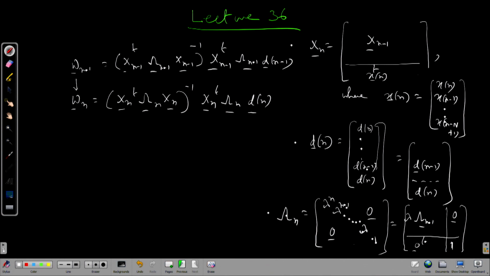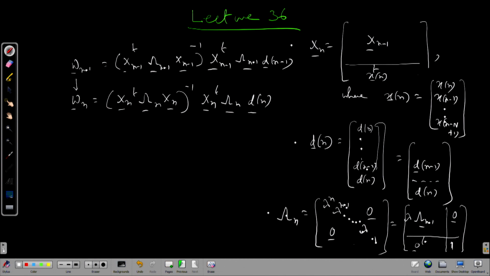Using this additional information, W n is to be calculated, but not by this formula, but directly from W n minus 1, because there are too many things common between W n and W n minus 1. This much is common: x n minus 1, d n minus 1 part is common, and likewise. This part we have to do.